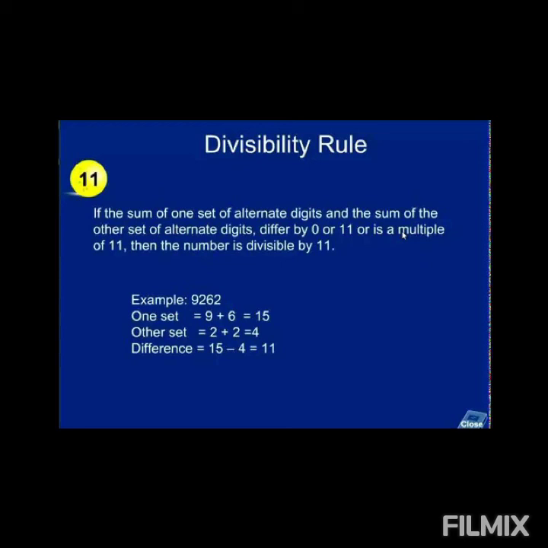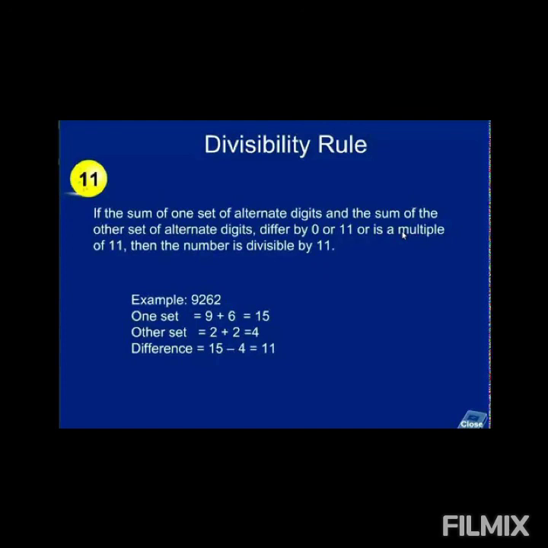It means that for the given number we add the alternate numbers. You can see here in the example 9262 is given. So 9 is the first number, the second number is 2, the third number is 6 and the fourth number is 2. So we add the first and third numbers, these are the alternate numbers.